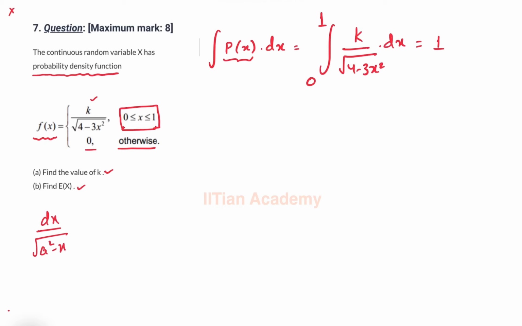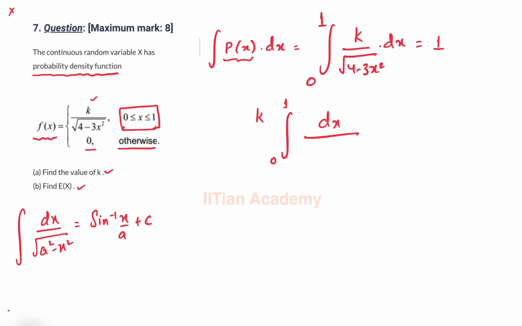So let us try to integrate this function. For integrating this function, we would be using the integration formula of 1 by root a square minus x square, which is nothing but sine inverse x by a plus c. So we would be using the integration formula of sine inverse x by a. So k is a constant, we are taking this out.